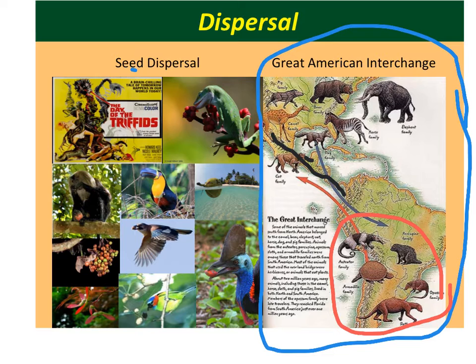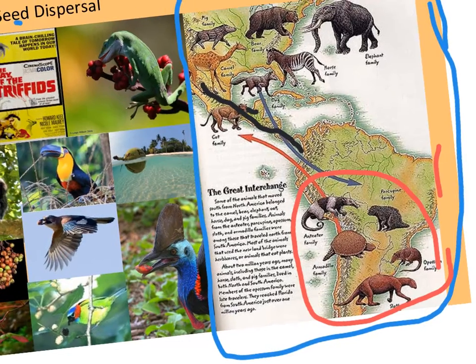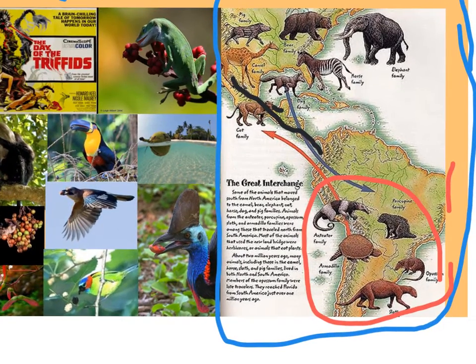And they include anteaters, armadillos, tree sloths and ground sloths, porcupine family, opossum, also some marsupials, and then there's also some other rodents that are found only in South America, and these moved north into North America.